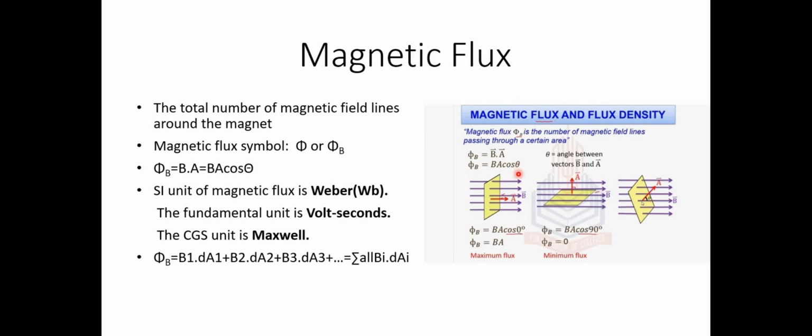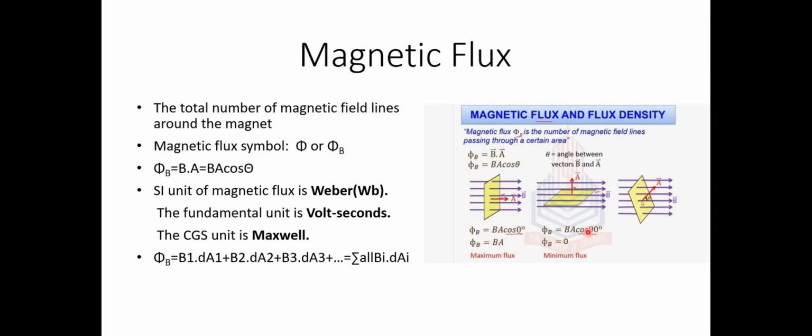For the phi value or the magnetic flux value to be very high, the cos theta value should be 1, so that it will get the maximum value BA. For cos theta to be 1, theta should be equal to 0 degrees. So, when we put 0 for theta, we are getting the maximum flux.